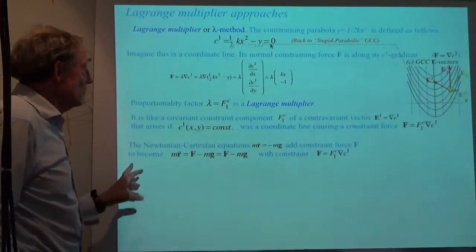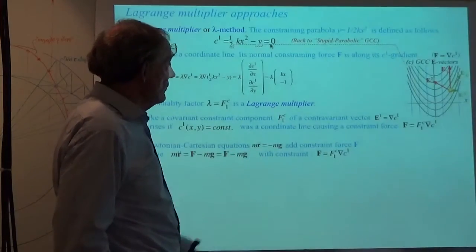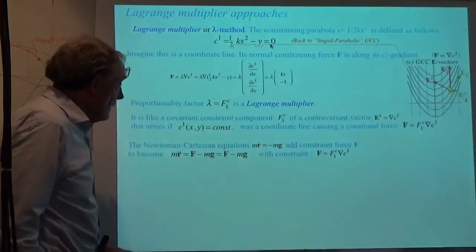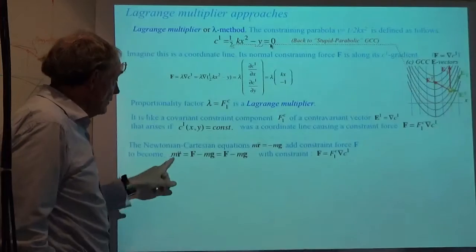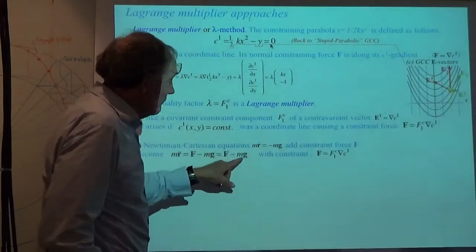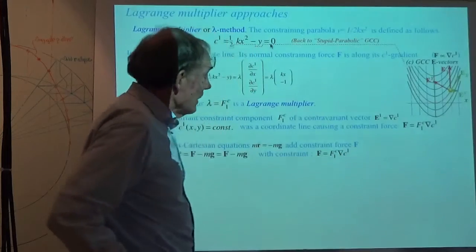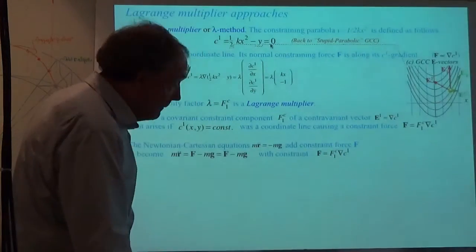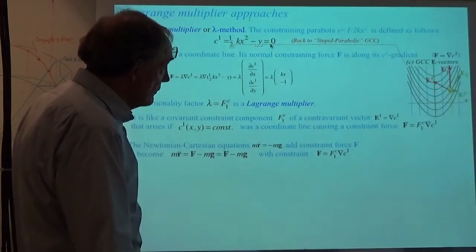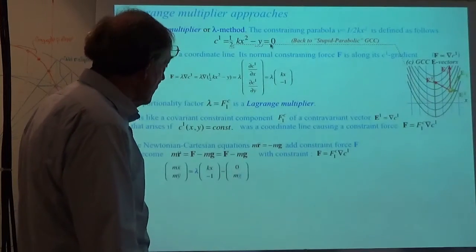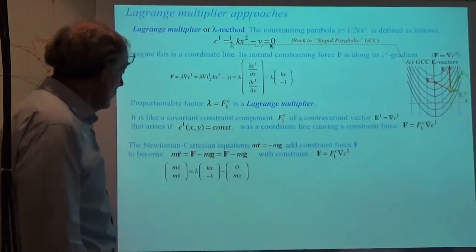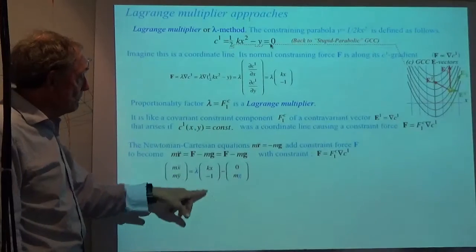The Newton-Cartesian equations, this thing, add a constant force to whatever this constraint force was. Okay, so we're going to have some coefficient of that gradient. Okay, so here's the equation of motion.